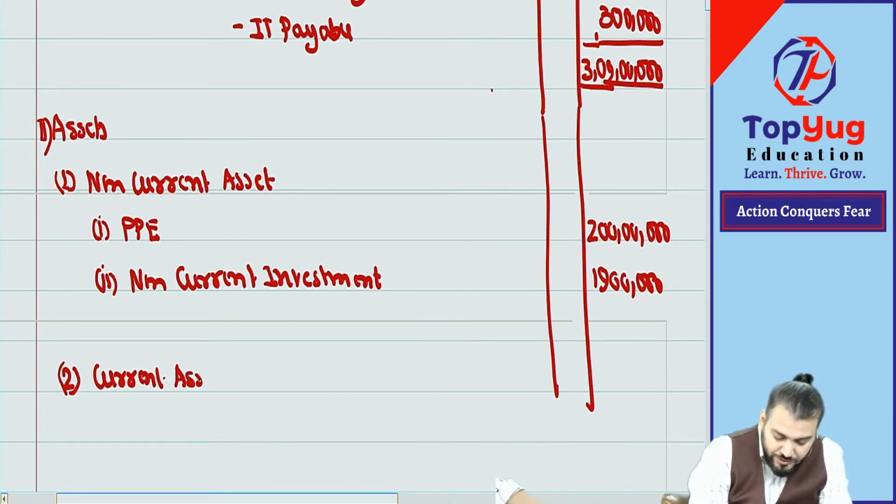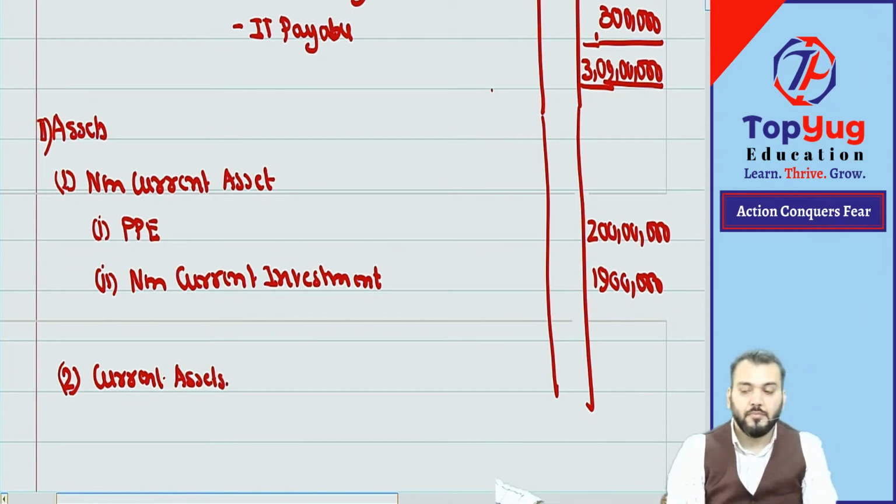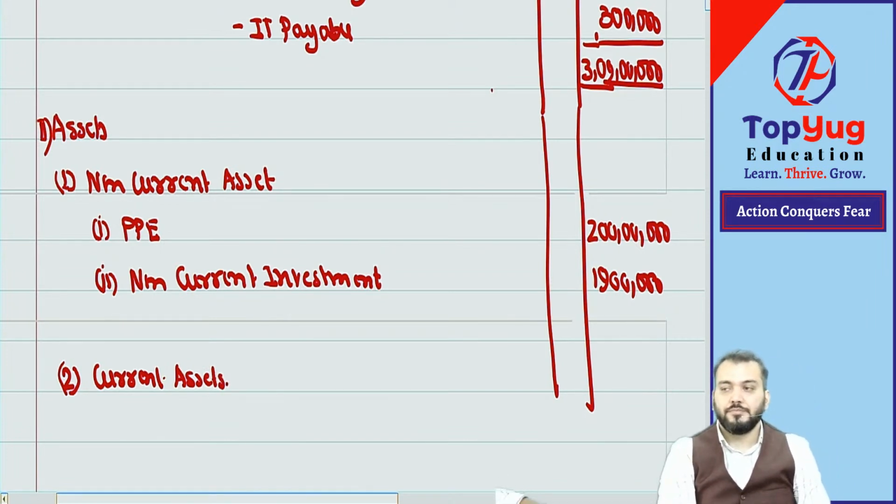How much current assets? Current asset is reduced by how much?